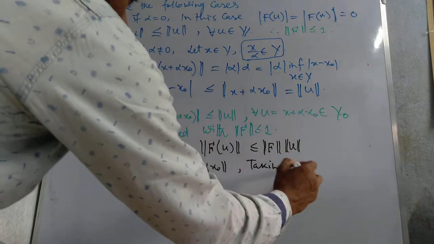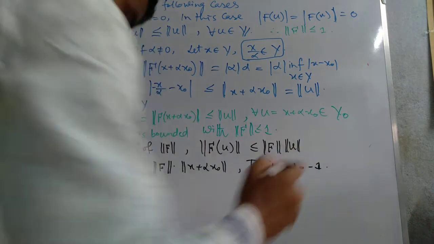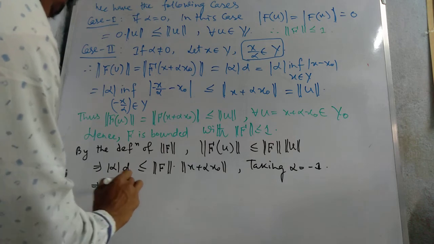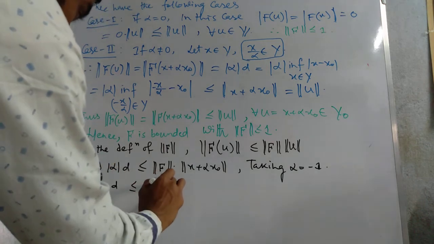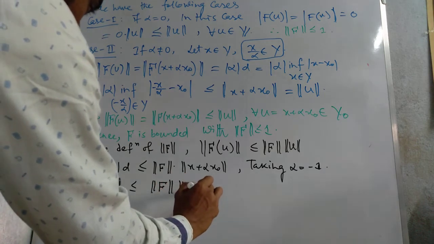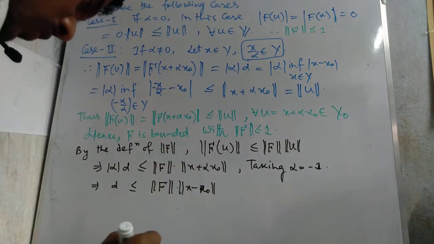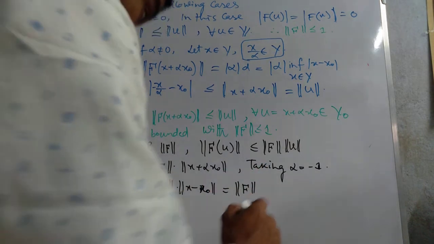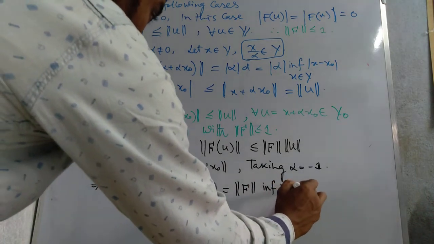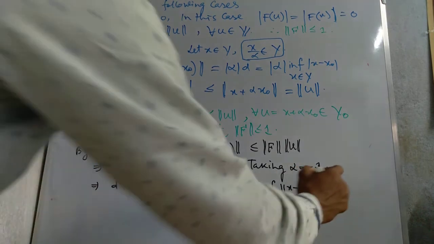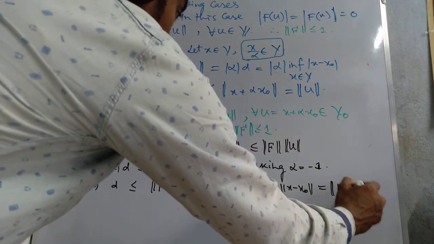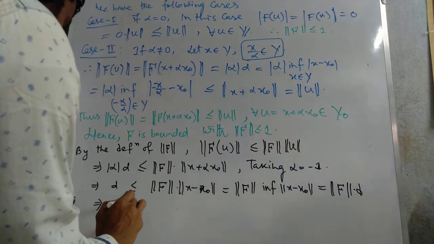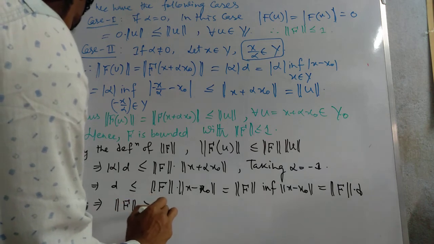Taking alpha equal to minus 1, we get d less than or equal to norm of f times norm of x minus x0. This is the infimum of norm of x minus x0, equal to norm of f. So this implies that norm of f is greater than or equal to 1.